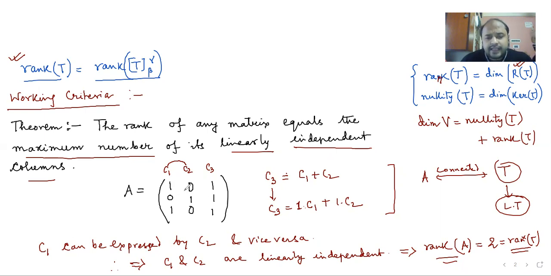Also, you can say that if you don't take only C1 and C2, if you consider C1 and C3, then also you see that C1 and C3 are linearly independent. Or if you say C2 and C3, C2 and C3 are linearly independent. So I must write this, otherwise you may think that this is the only possibility.